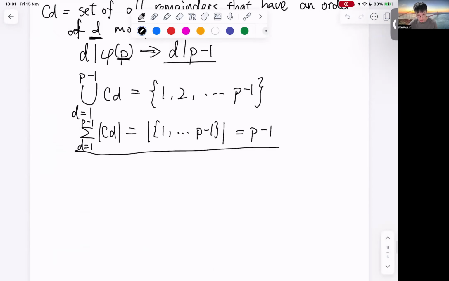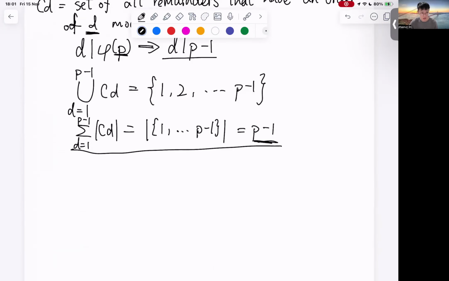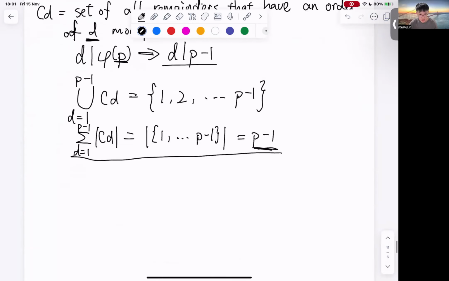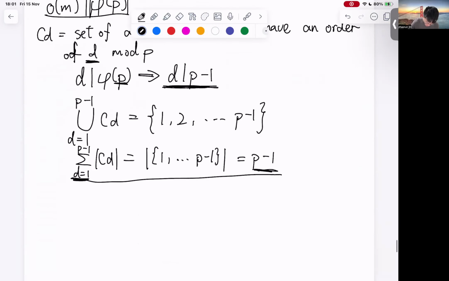Now we have p minus 1, which is a positive integer, and every order d divides p minus 1, so we could use the results from problem 9.